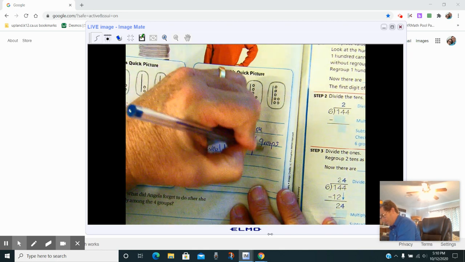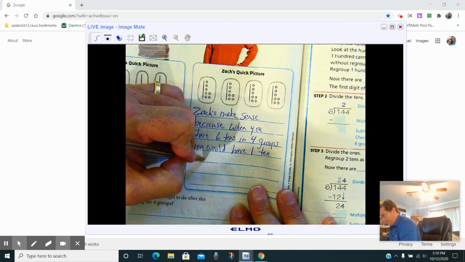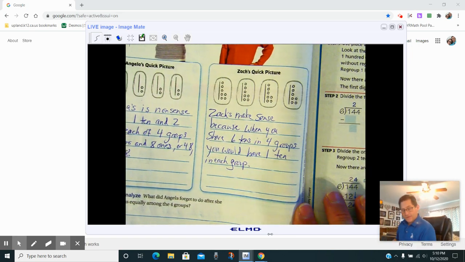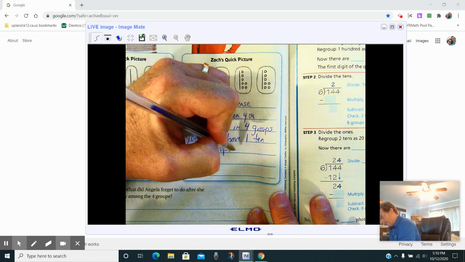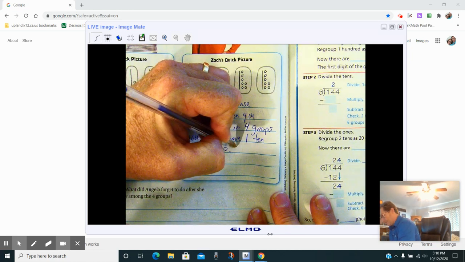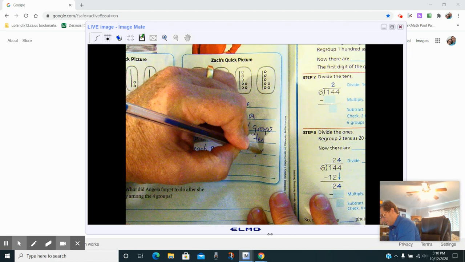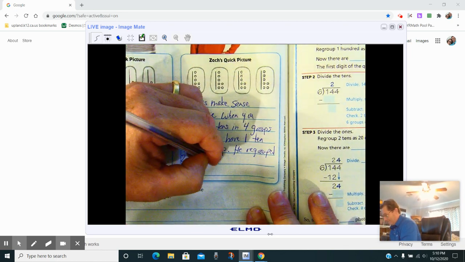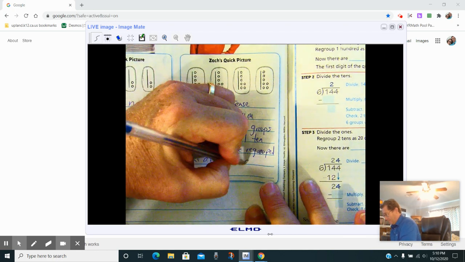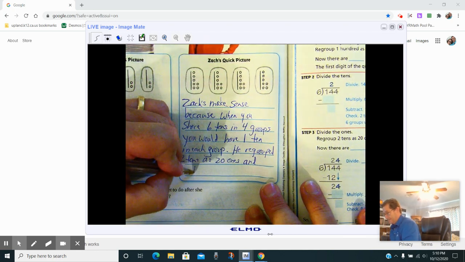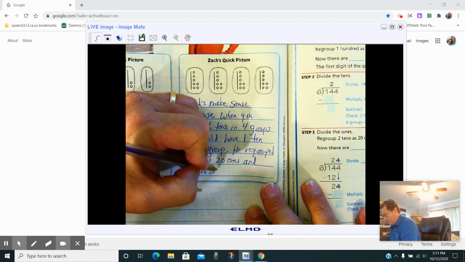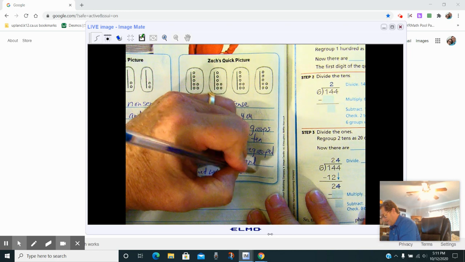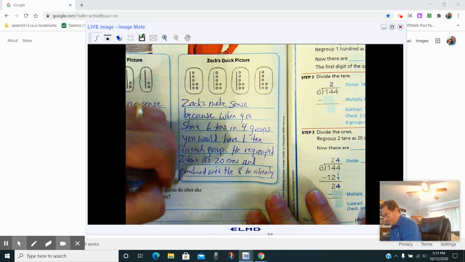Okay, and then he regrouped two 10s as 20 1s and combined with the 8 he already had. So 28 divided by 4 equals 7. And he has 7 in each group.